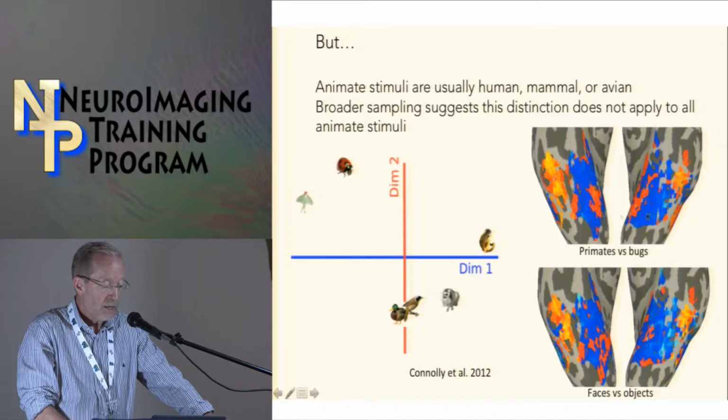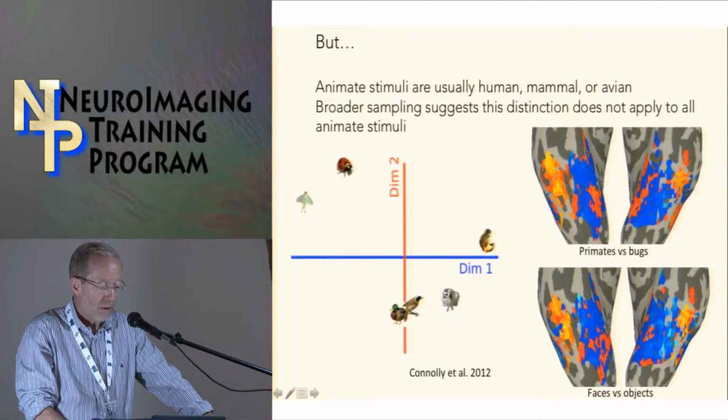And if you look at the contrast of primates versus bugs in the pattern of response, this is a univariate contrast. The primates evoke stronger responses laterally, and the bugs evoke stronger responses medially. So it's blue here because it's lower than the response to primates.